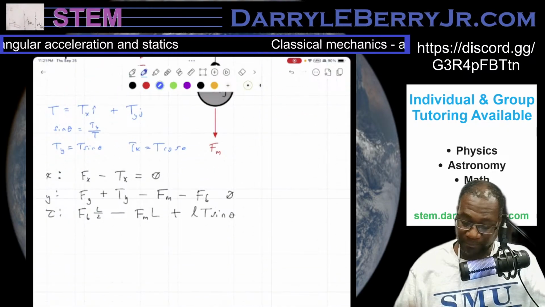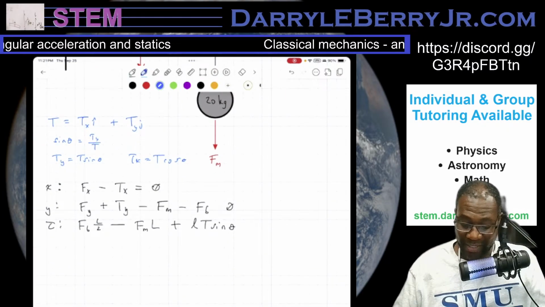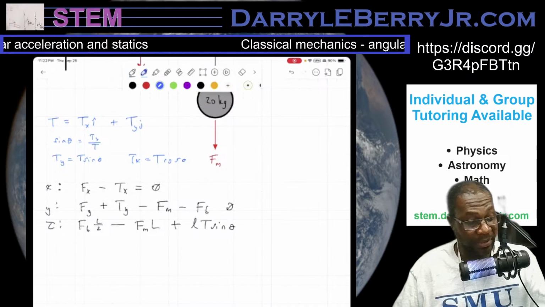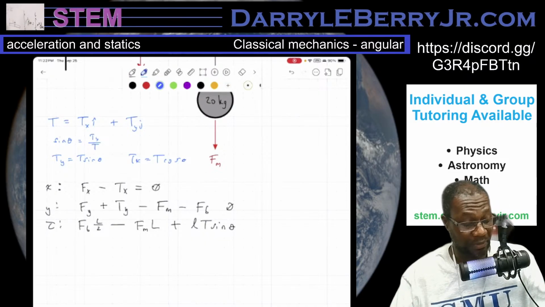So I'll leave that there. Now we need the y component of the tension. I could have written it as Ty, but I just put what it is there, T sine theta. And now we have all of the equations.